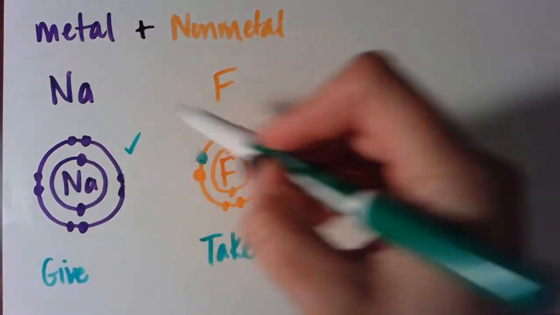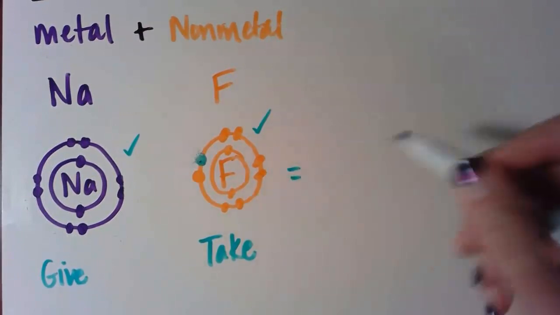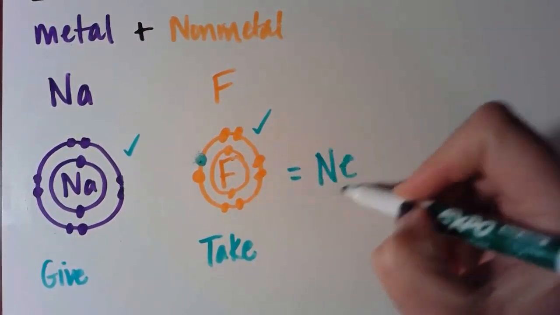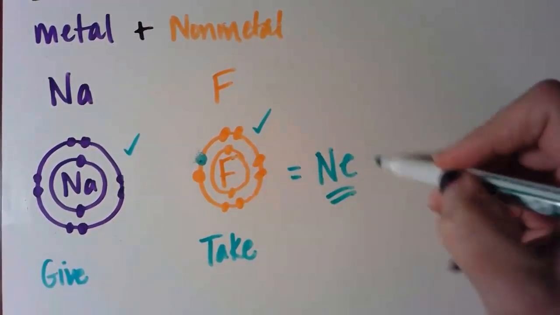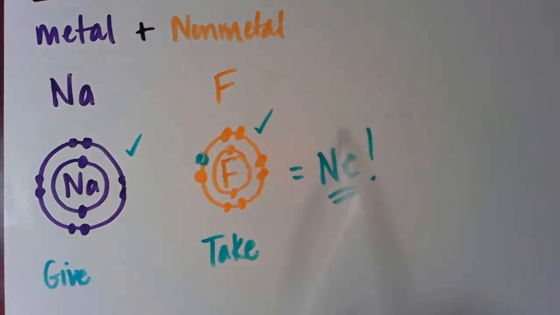They both have 8. They are both happy, and they both, believe it or not, look like neon, which is a noble gas. They are extremely happy. Every element on the periodic table, that's their goal, is to look like a noble gas. Okay, we talked about that before leaving to go home.